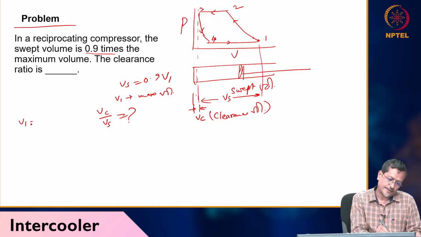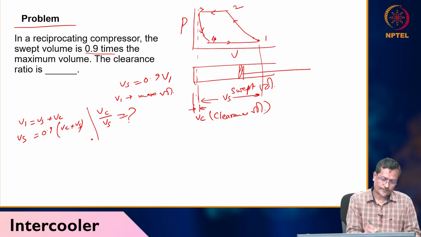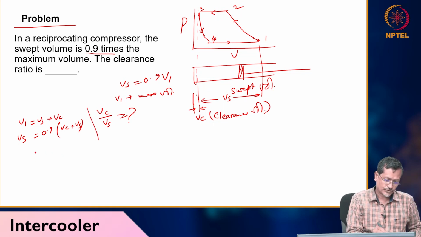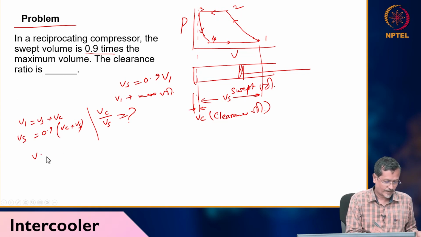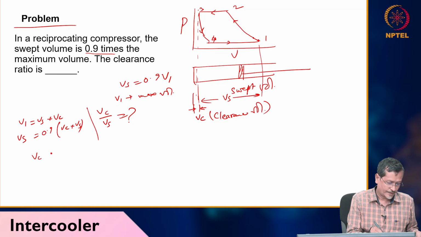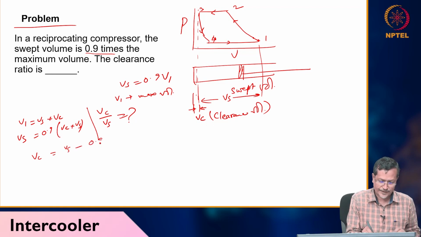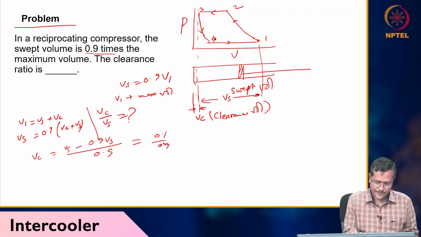V1 equals Vs plus Vc, so Vs equals 0.9 times (Vc plus Vs), so Vc equals (Vs minus 0.9 Vs) by 0.9, which equals 0.1 by 0.9 Vs. Therefore Vc by Vs equals 1 by 9, which is 0.11.